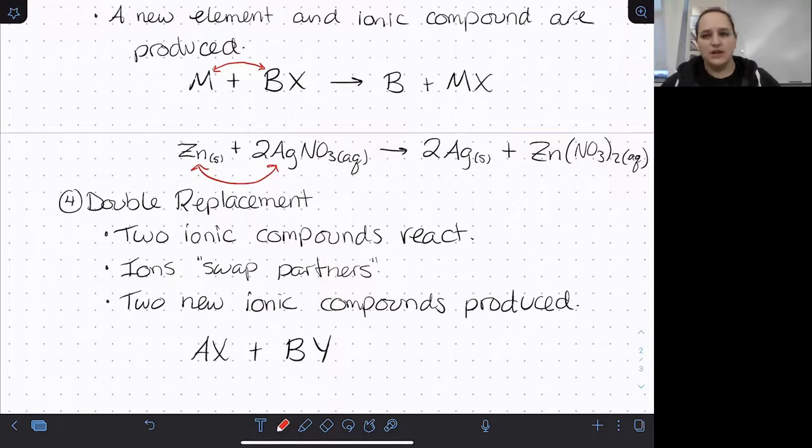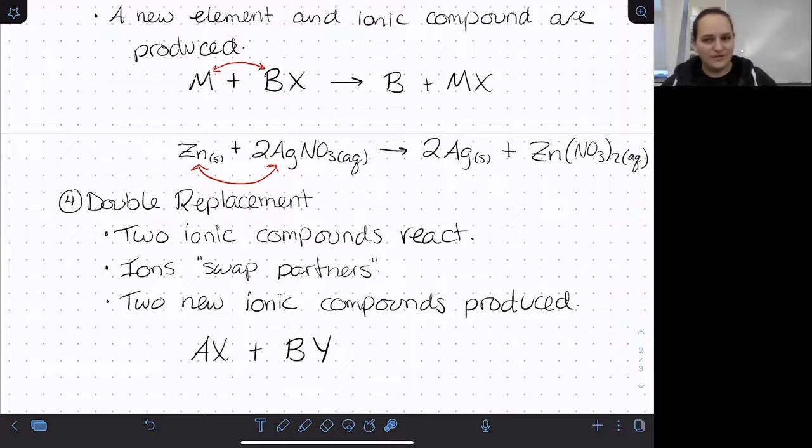You can think of it as switching anions if that's easier for you, but you always want to make sure that you are exchanging either a cation with a cation or an anion with an anion, because in order for something to be a valid ionic compound, you have to end up with one cation and one anion in your formula.